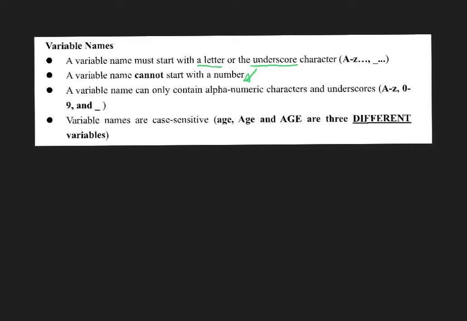For example, 3num is not a legal variable. However, if I rewrite it as num3, this one is a valid variable name.